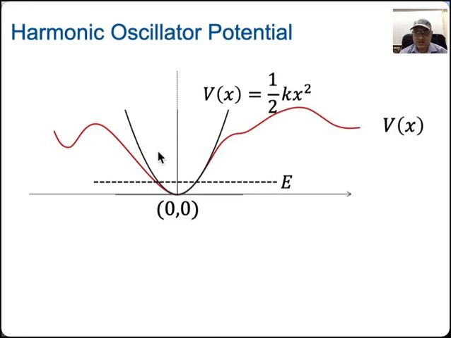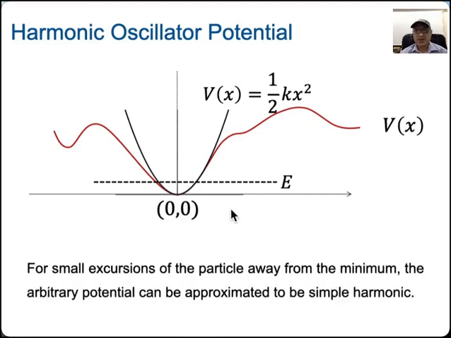You can see this black curve matches quite well with the red curve up to a certain extent away from the equilibrium position 0, 0. So I want to emphasize that for a small displacement, or a small excursion of the particle away from the minimum position 0, 0, the arbitrary potential can be approximated as a simple harmonic oscillator. This is one important motivation to learn the harmonic oscillator potential.